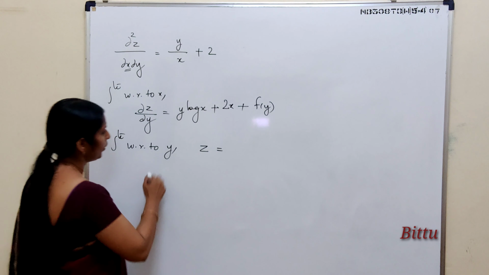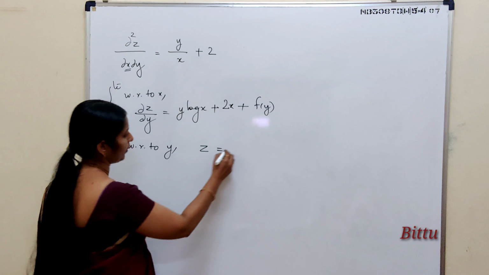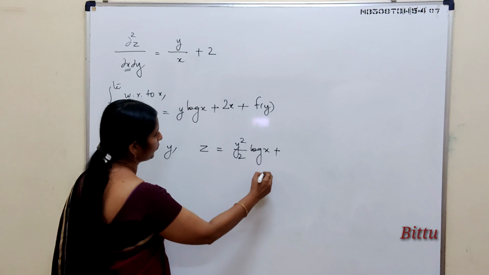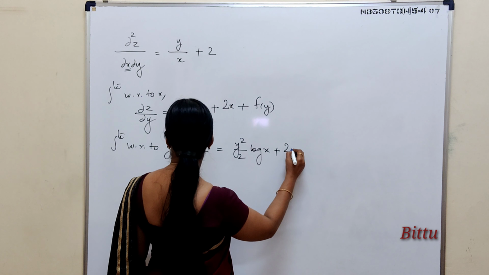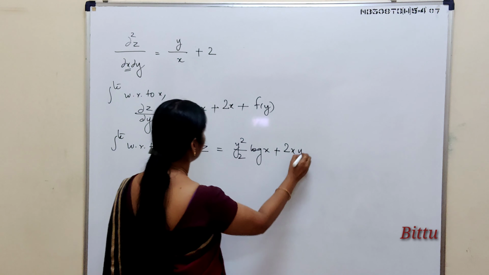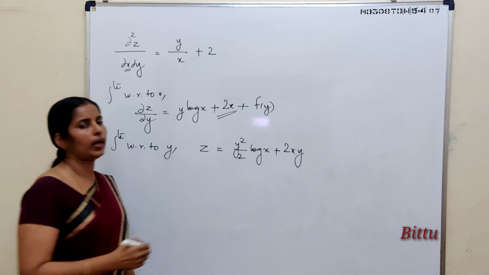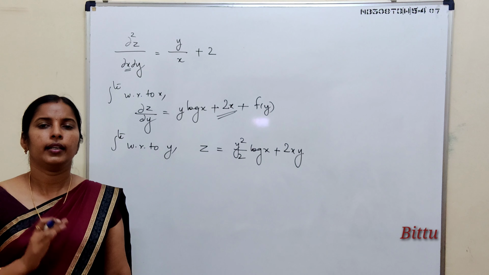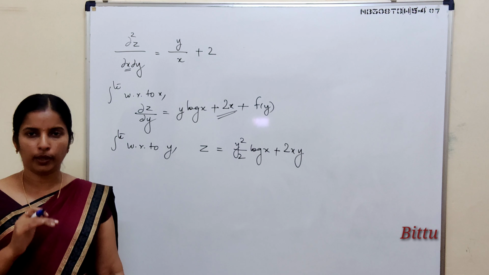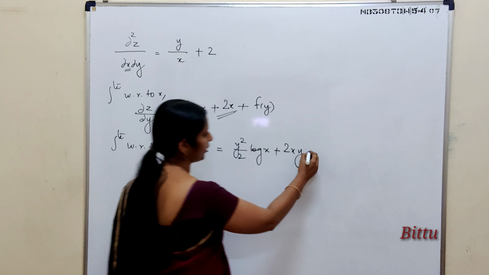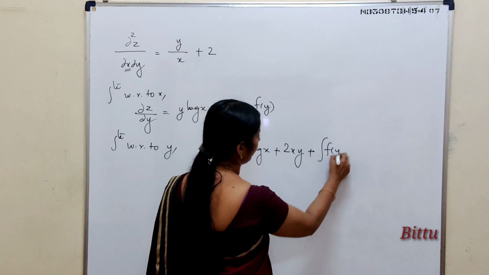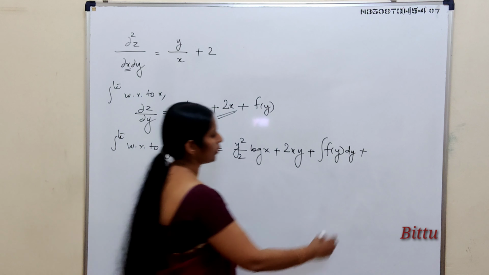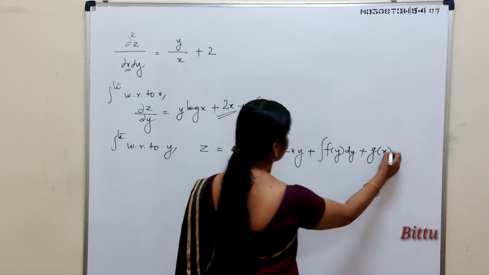z is equal to, we are integrating with respect to y, that is y squared by 2 log x plus 2xy. What is its integral with respect to y? 2x is a constant, so you keep 2x as a constant. The integral of dy is y. So the term is 2xy plus the integral of f(y) dy plus the constant, a function of x.